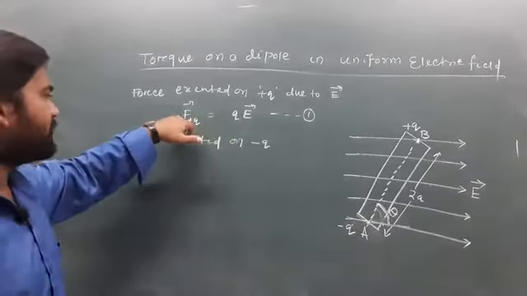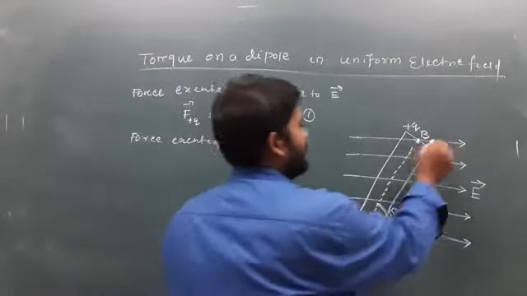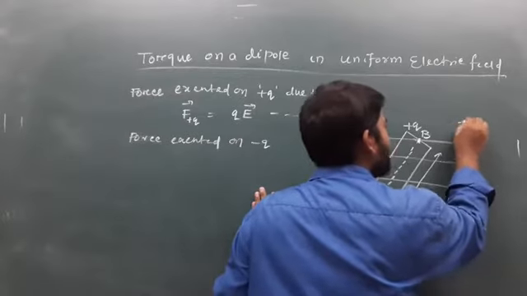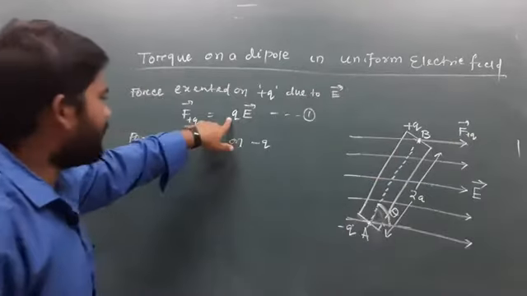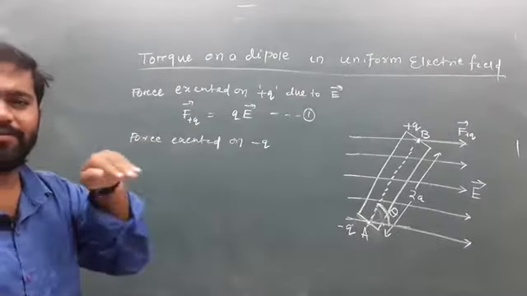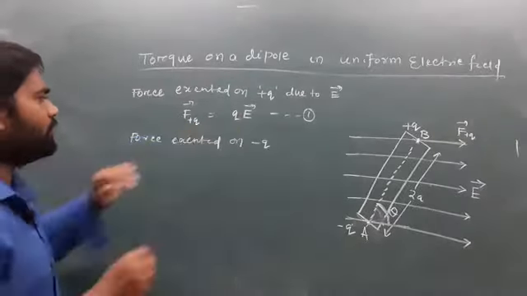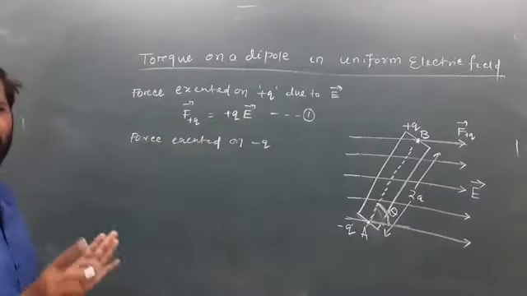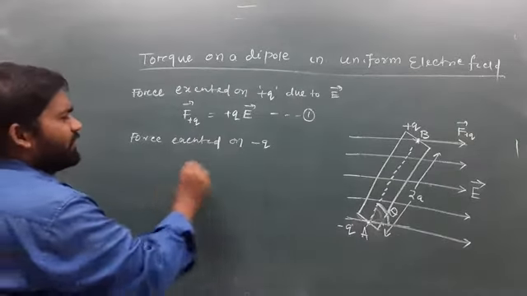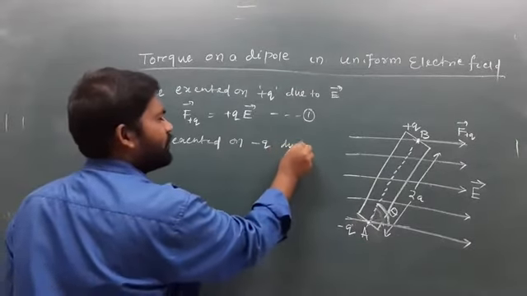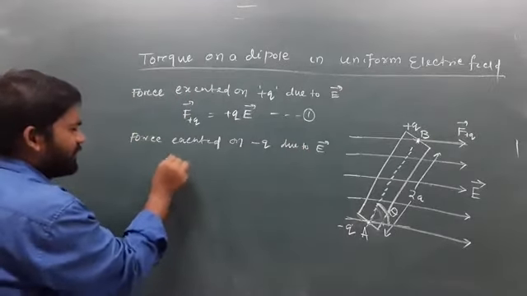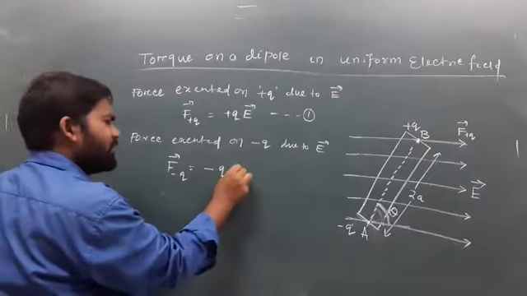So that is a positive sign. Positive sign means that the force is along the electric field. So this is along the electric field, and that is F plus Q. The force on the plus Q charge is along the direction of the electric field, so F plus Q equals plus QE. The force exerted on minus Q due to E will be F minus Q equals minus QE.